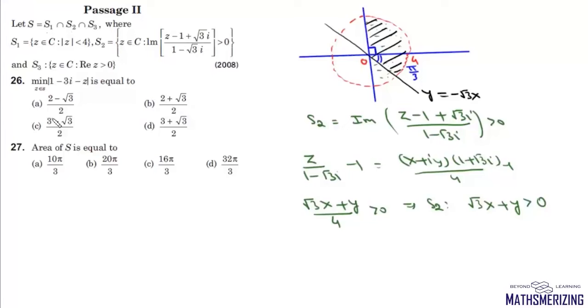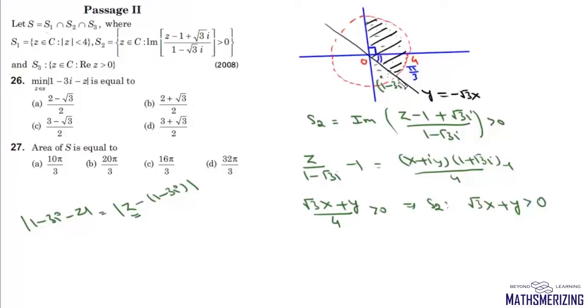Now the first question is, we need to find the minimum value of mod of 1 minus 3 iota minus z, which we can also write as mod of z minus (1 minus 3 iota). Now this is nothing but the distance between z and this point, which is 1 minus 3 iota. Now 1 minus 3 iota will lie somewhere here. So this point is 1 minus 3 iota.